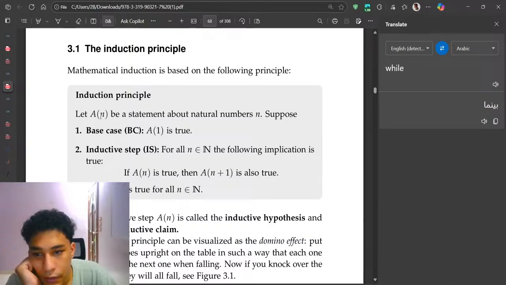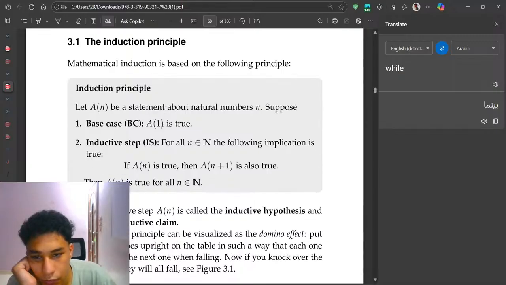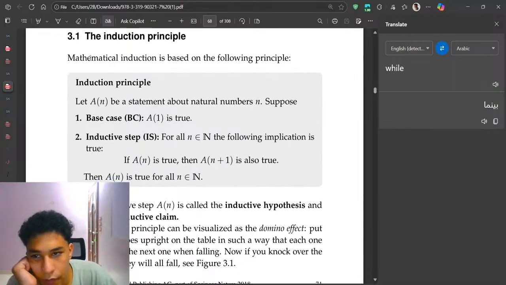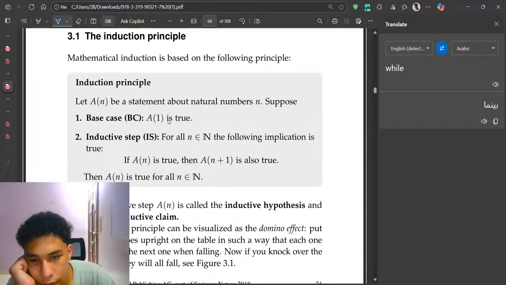Let A(n) be a statement about natural numbers n. Suppose base case: A(1) is true. So I think here he means that n belongs to natural numbers, and when n is 1, the statement is true.